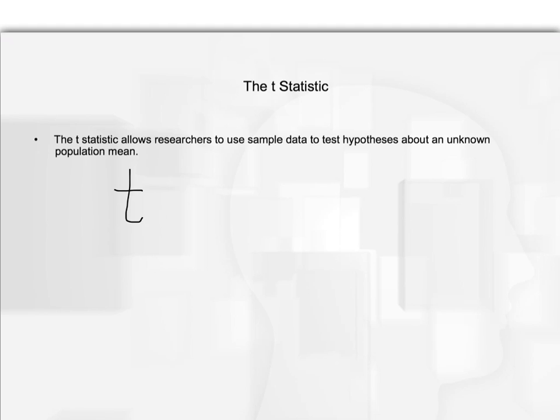To get the t-statistic, we take the sample mean, we subtract from it the population mean, and we divide by the sample standard deviation over the square root of the sample size. We get a difference, a deviation score.